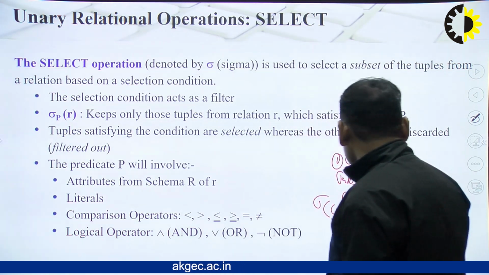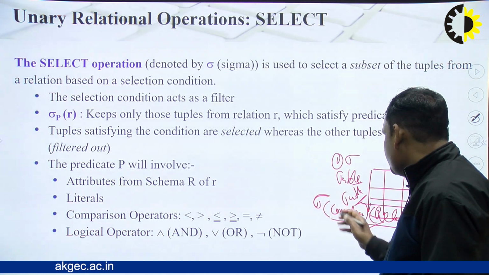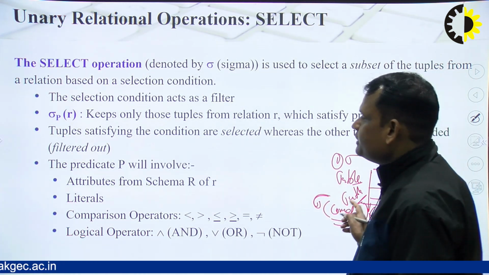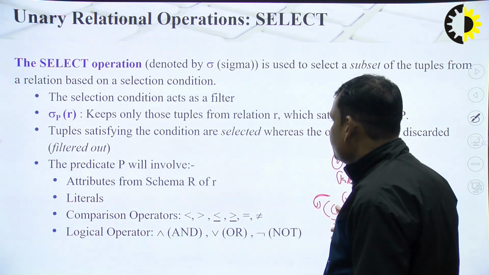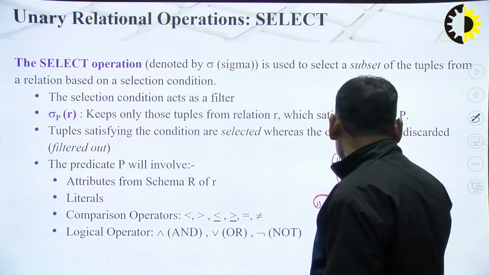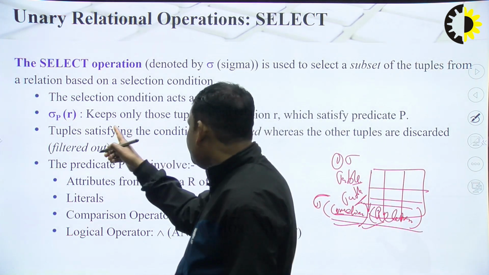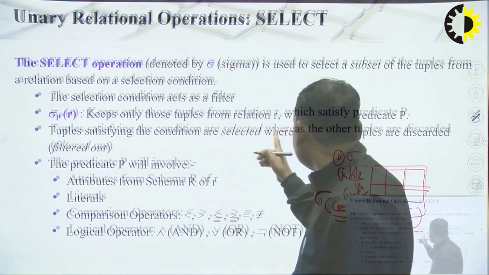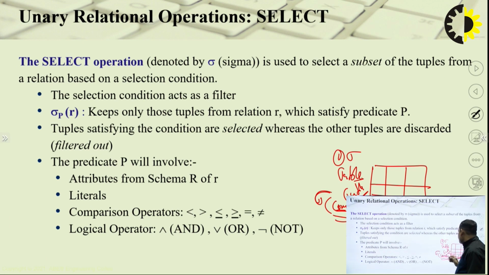These are used by the selection operation. It filters the desired table and reduces the number of records in the output by using the condition. Keep only those tuples from the relation which satisfy the predicate. Predicate means condition.